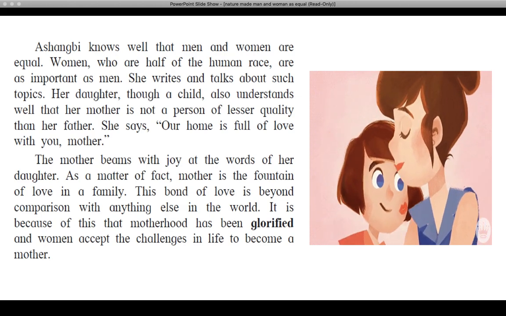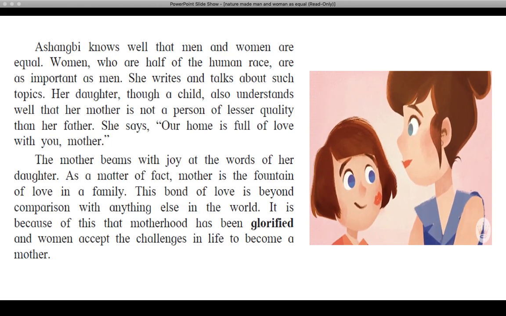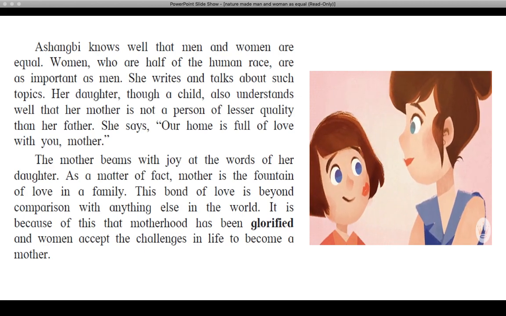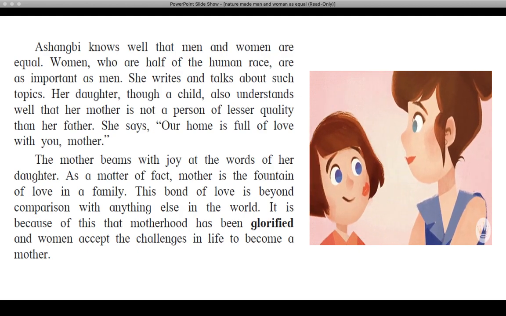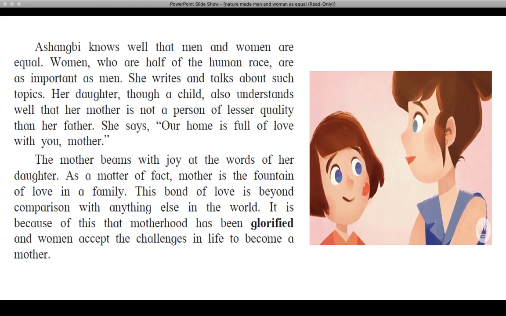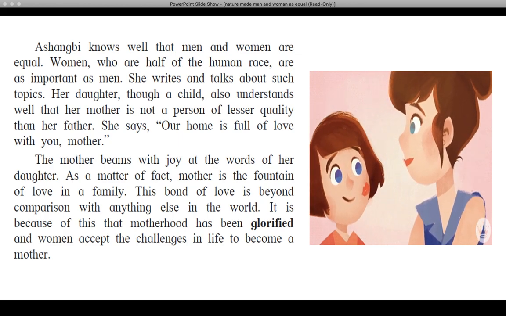And that love that a child and a mother share cannot be compared to any feeling in the world. You can have all the money in the world, all the cars, all the riches, all the jewelry, whatever is precious, but the love that your mother and you share cannot be compared to anything.